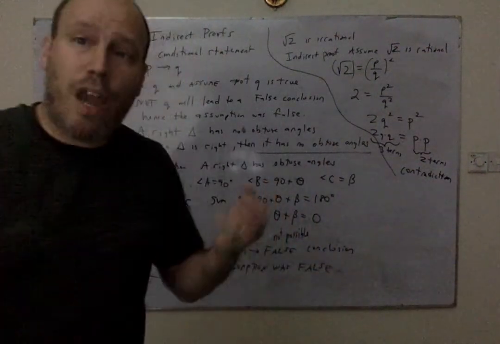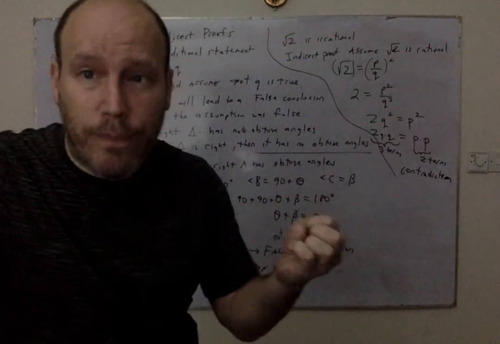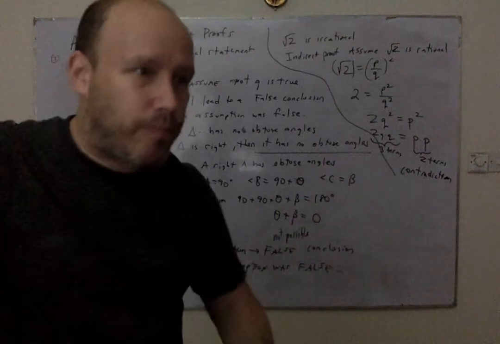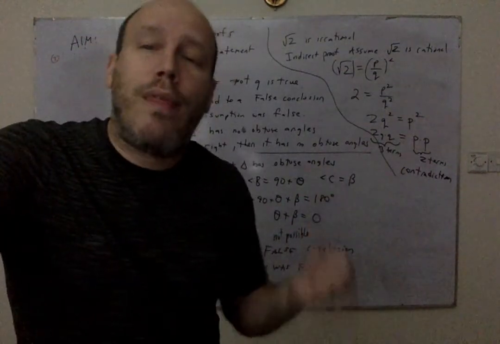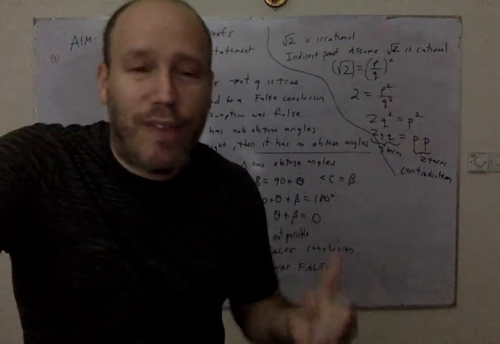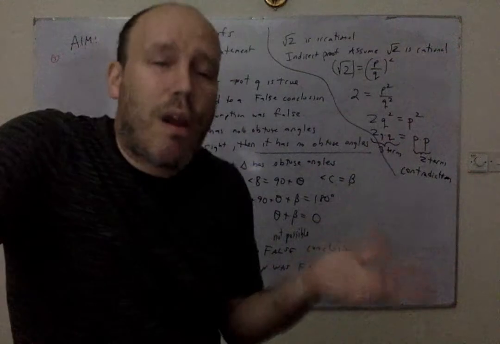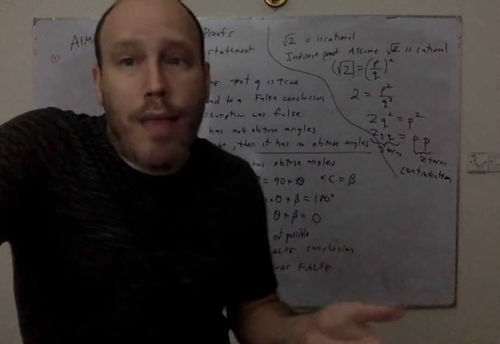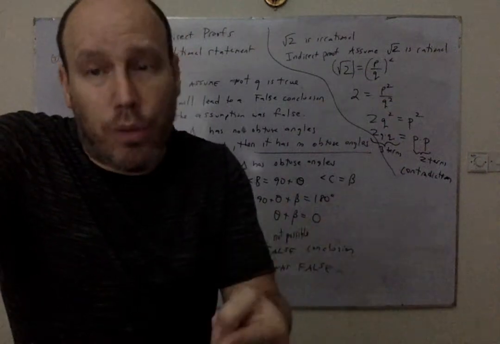So with any indirect proof, assume the conclusion is false and work through that. An example in the book might be prove that a number ending in 5 is not divisible by 2. So the first line of the indirect proof would be assume that there's a number that ends in a 5 that is divisible by 2.